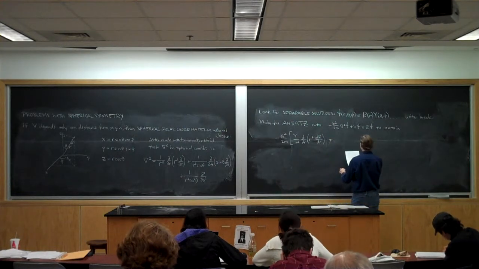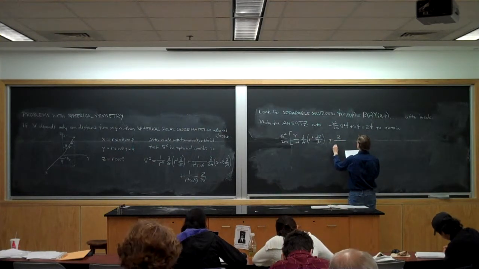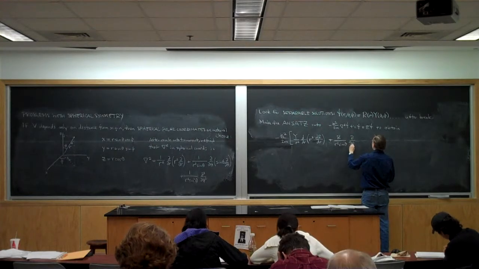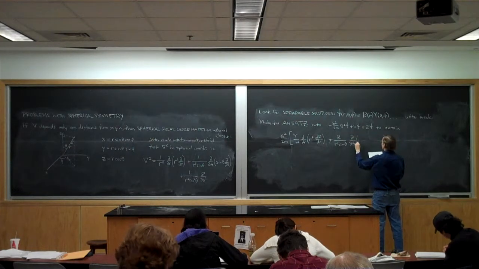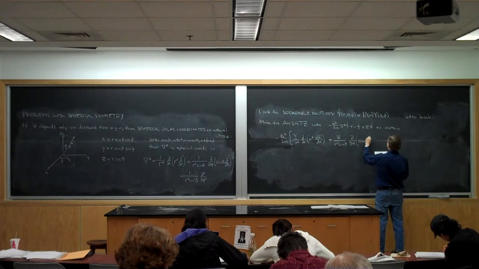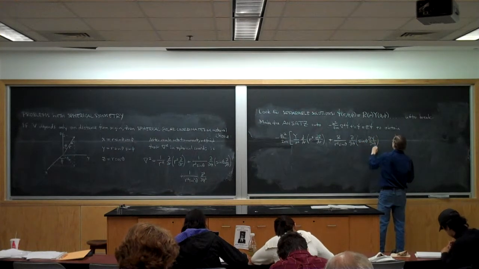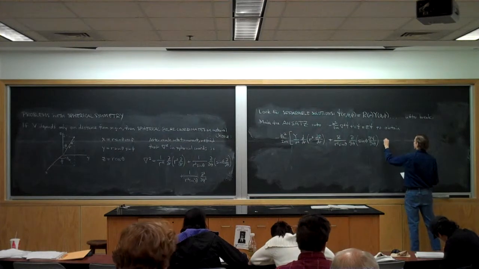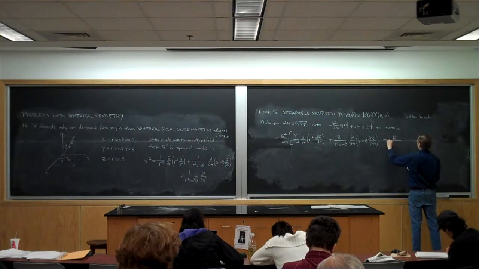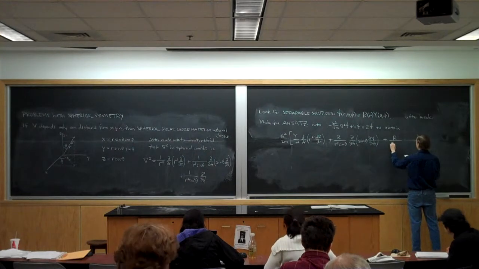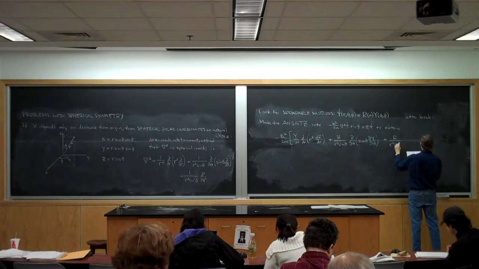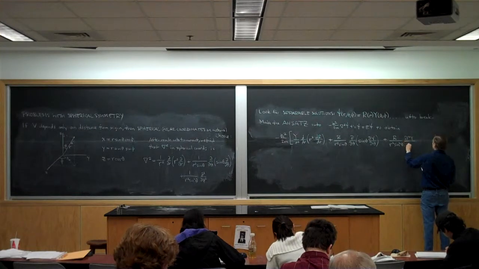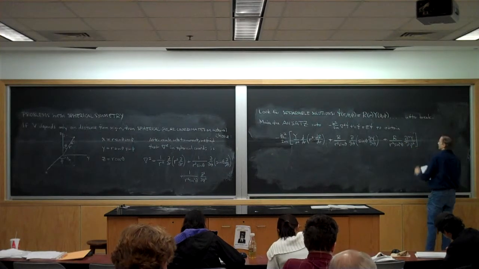So for the other two pieces, we get plus R over little r squared sine theta, partial with respect to theta, because Y depends on both theta and phi, sine theta partial of Y with respect to theta, plus, pull out capital R again in the third term, big R over little r squared sine squared theta, second partial of capital Y with respect to phi.